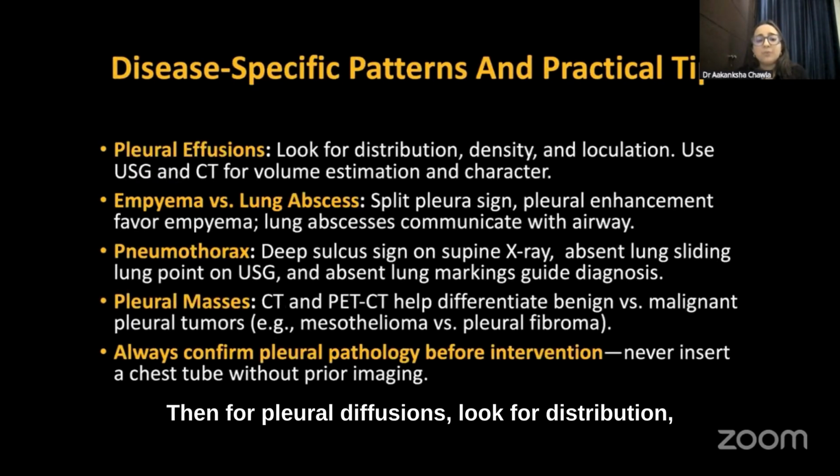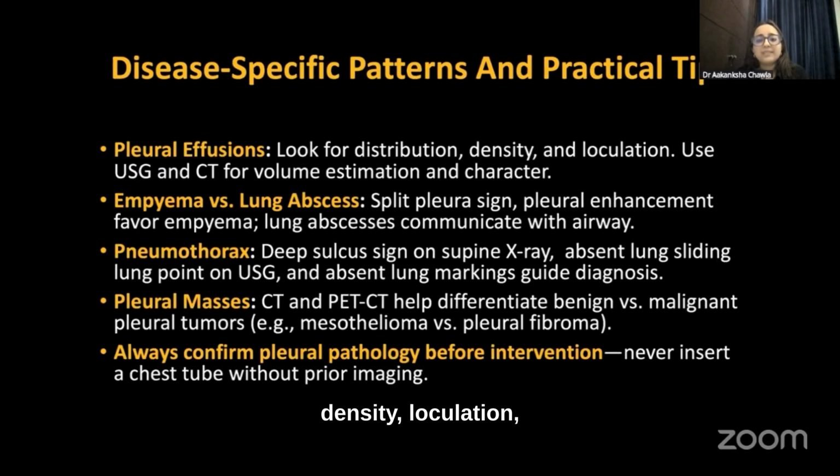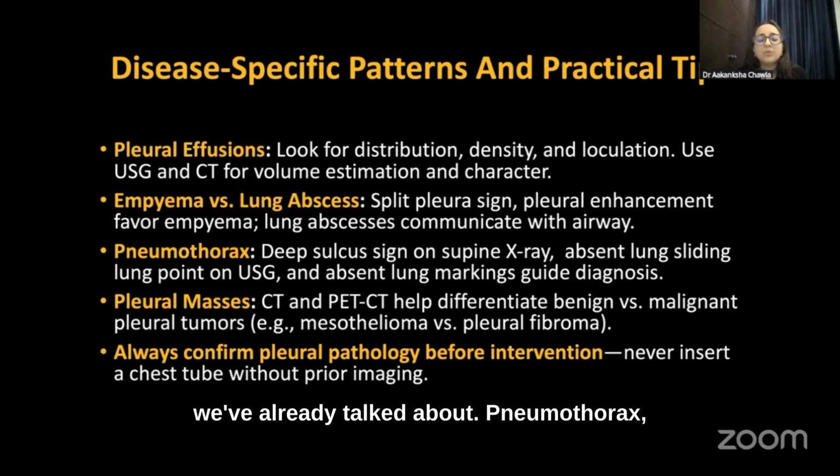For pleural effusions, look for distribution, density, and loculation; use USG and CT volume estimation. Empyema versus lung abscess, we've already talked about. Pneumothorax: look for the deep sulcus sign on supine X-ray. Absence of lung sliding, lung point on USG, and absence of lung markings can guide diagnosis.